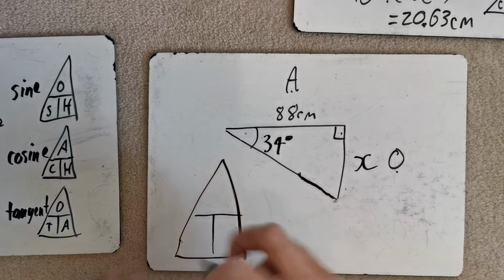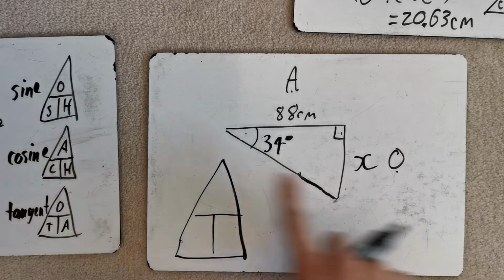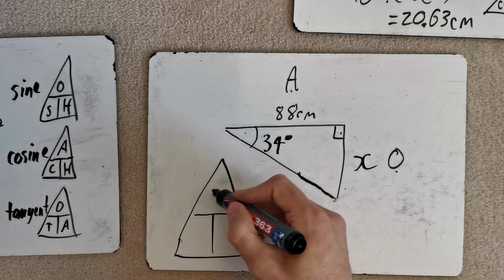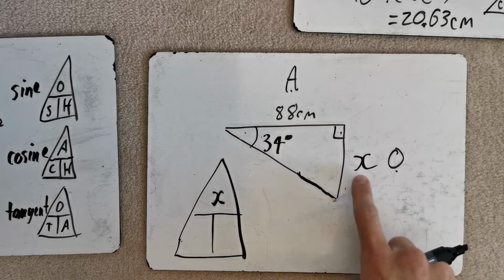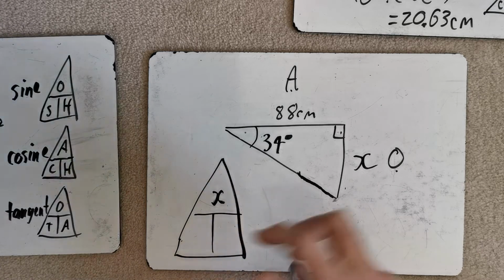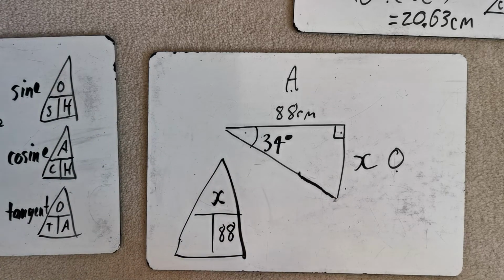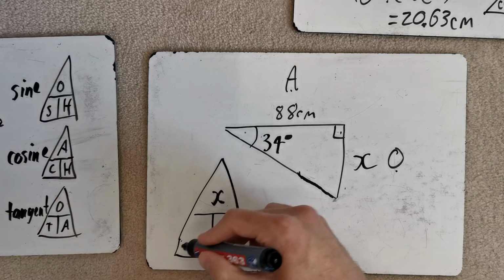Okay? What's the O? What's in the O? O's on top. So we're going to put in whatever's with the O there. A is there. So we're going to put in whatever A is there. And next, because we've got T, it's tan.